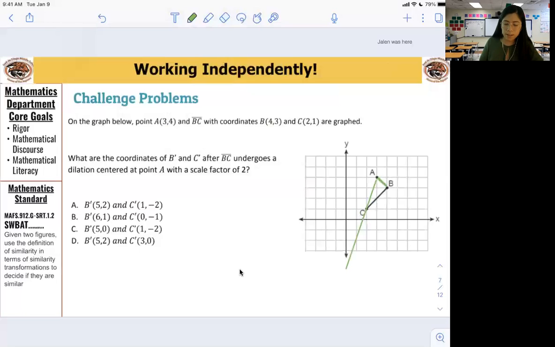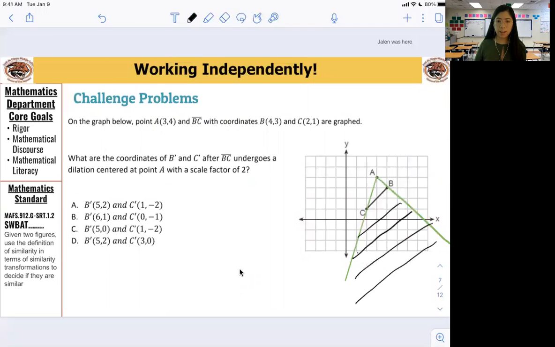So when you draw a line coming out of the center of dilation, you can basically figure out where all the dilations are going to be, because each of the dilations has to be somewhere along that line. Okay, so now with that in mind, go ahead and take a look at the answer choices, and let's start picking and choosing which one might be correct.